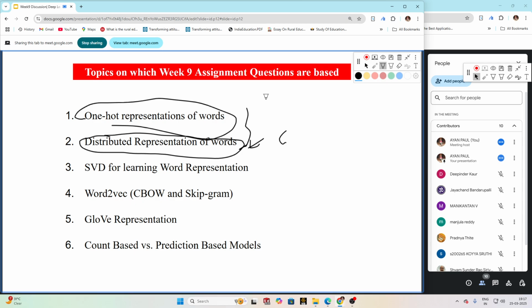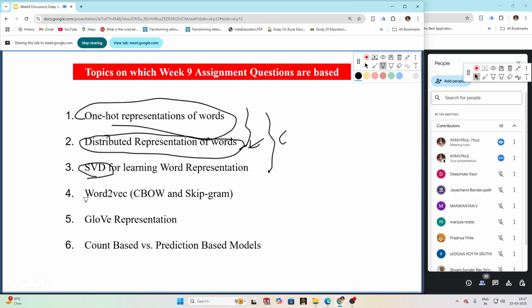So to reduce the dimension, we have done SVD. All this is the count based method. Here we are checking how frequently two words or a group of words appear together. So that is SVD, the count based methods.